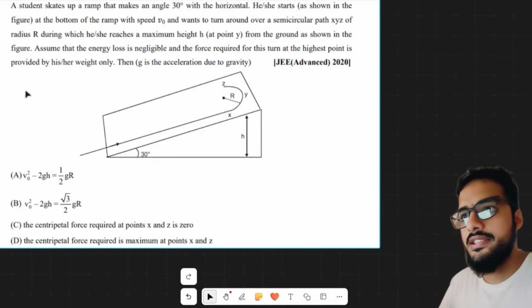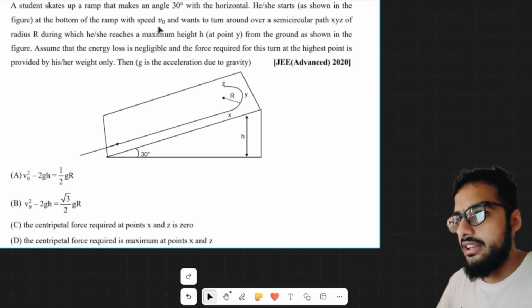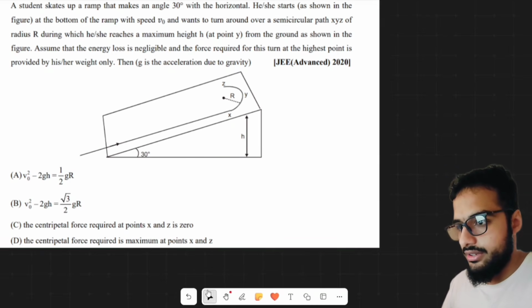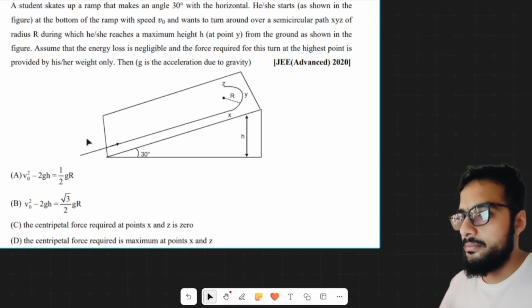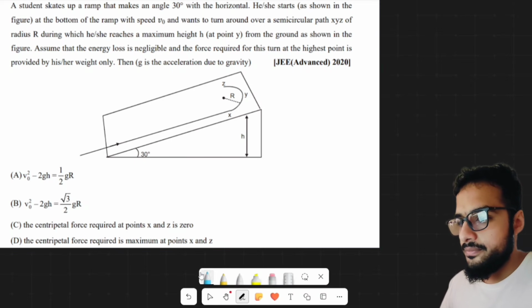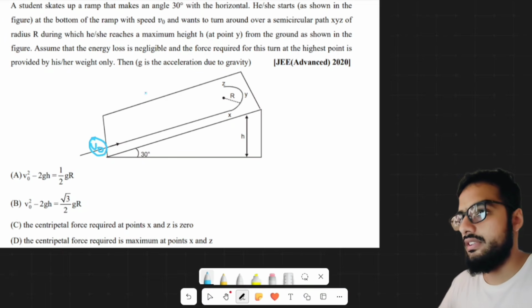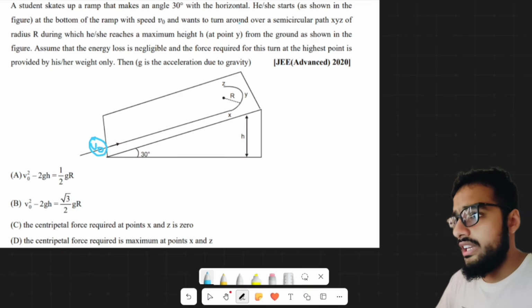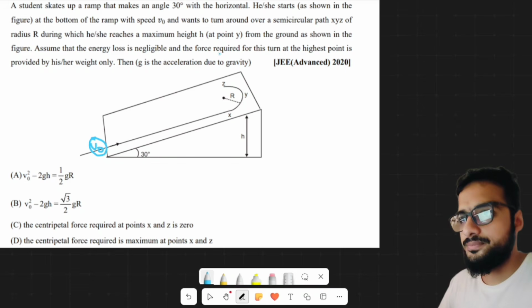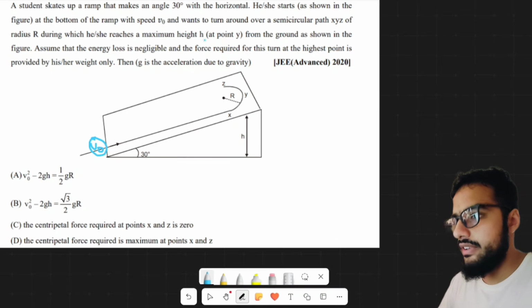She starts at the bottom of the ramp with v naught as the velocity. So at the bottom the velocity is v naught, the initial velocity, and she wants to turn around over a semicircular path XYZ of radius r, during which she reaches a maximum height of h.